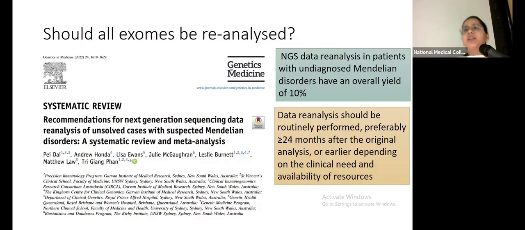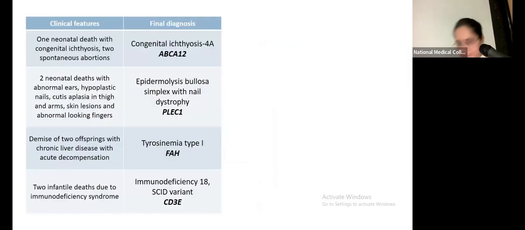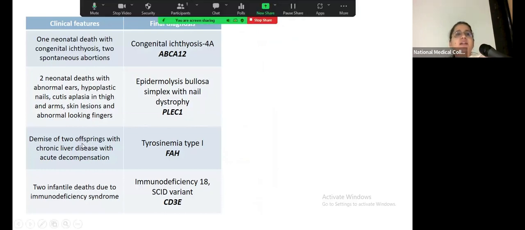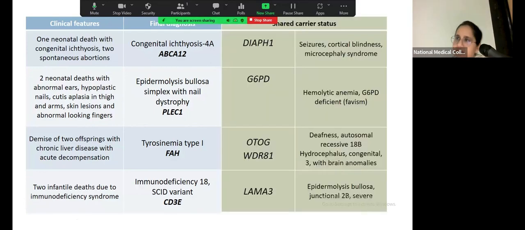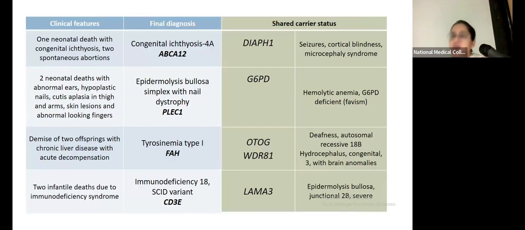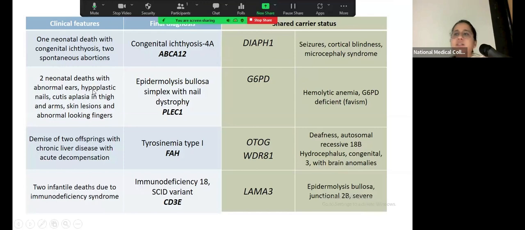In our experience, before we offer prenatal diagnosis, because we are actually deciding the fate of a fetus, it's important to reanalyze these variants before every pregnancy. Then there were 4 cases where the clinical features were significant. We found a final diagnosis. The genes were matching with the phenotype, but on looking at the parents' data, we found that the parents were carriers for pathogenic or likely pathogenic variants in another gene, for which the phenotype is not seen in their proband.